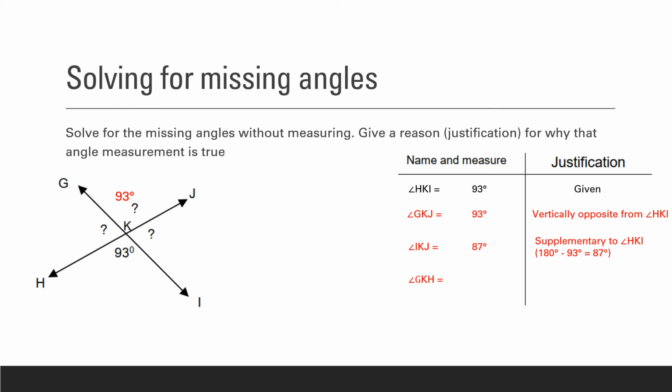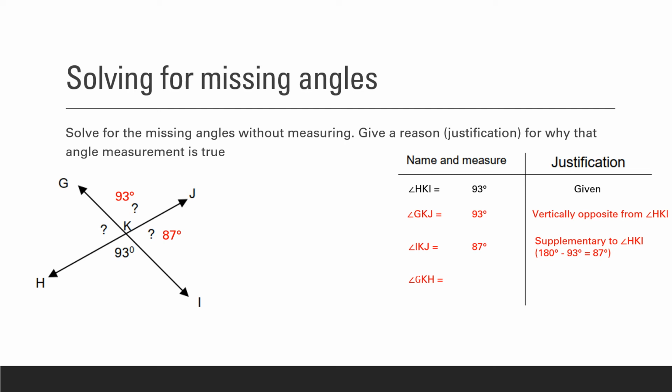So if we know a part, we can figure out what's missing by taking 180, subtracting 93, and we get 87. Now there's only one that's left, and there's actually quite a few different ways to solve this one. But if we just found out that IKJ measures 87 degrees, then we can use the same property that we did before, the vertically opposite, right?